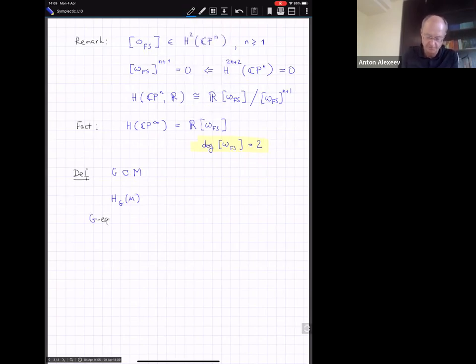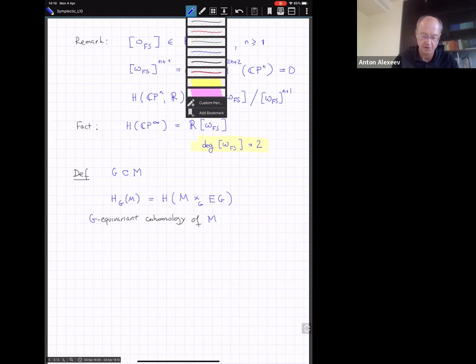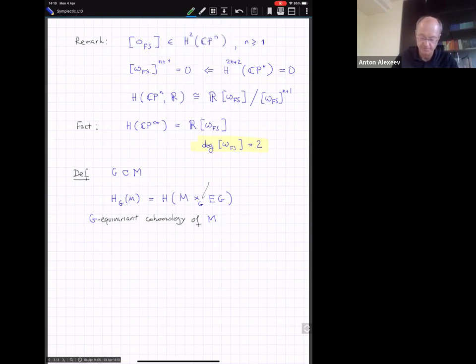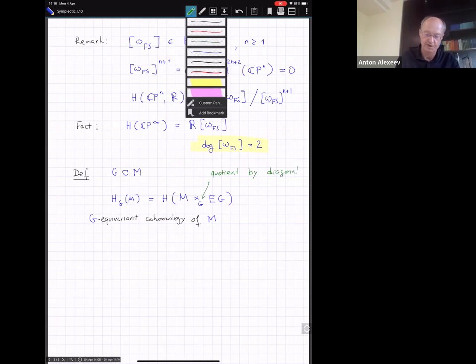This is the G-equivariant cohomology of M, and this is equal to just the ordinary cohomology of the space M cross EG, quotient by the diagonal G action.